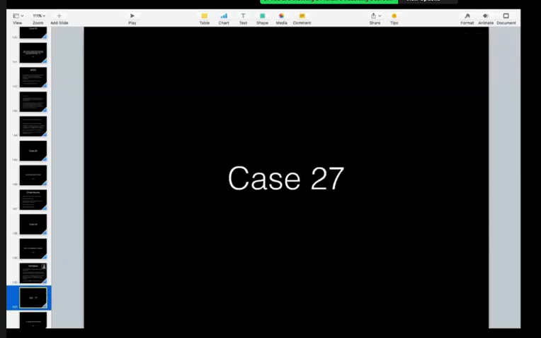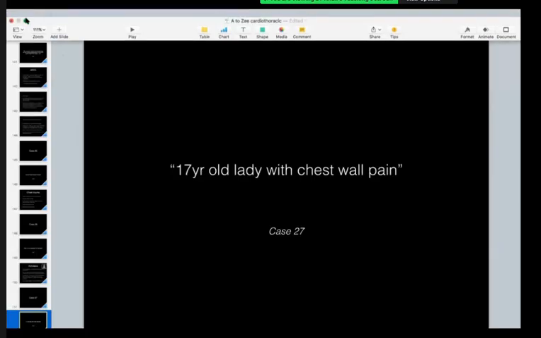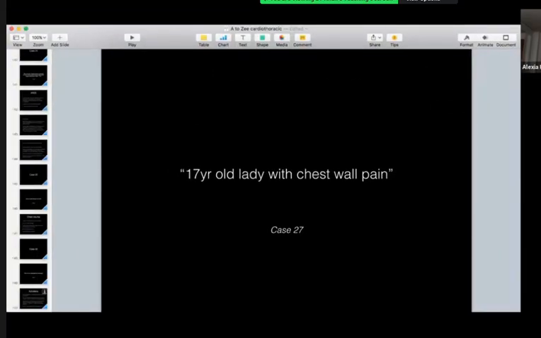This is the last case now, case 27. So this is your history. A 17-year-old lady with chest wall pain, previously well, previously healthy, no admissions to hospital.